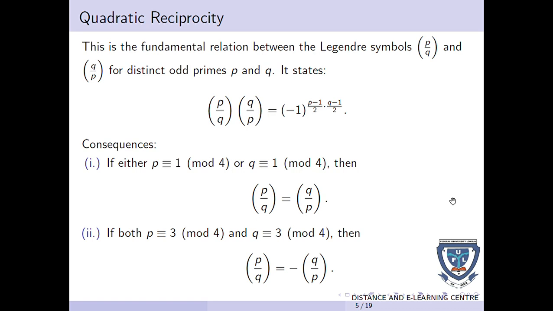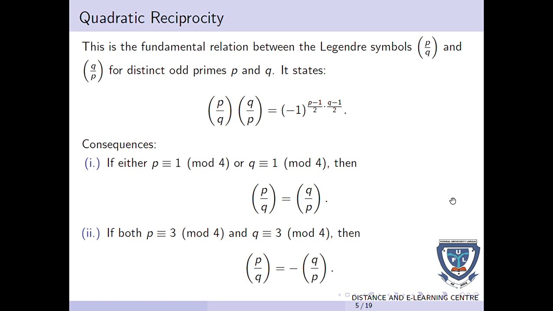Now, what are the consequences of this expression? Number 1 is that if either p is congruent to 1 modulo 4 or q is congruent to 1 modulo 4, then p over q will be equal to q over p. Another consequence of this quadratic reciprocity is that if both p is congruent to 3 modulo 4 and q is congruent to 3 modulo 4, then p over q will be equal to minus q over p.